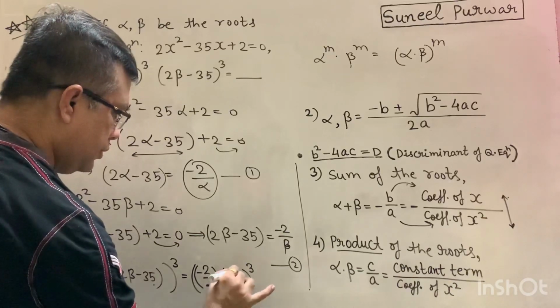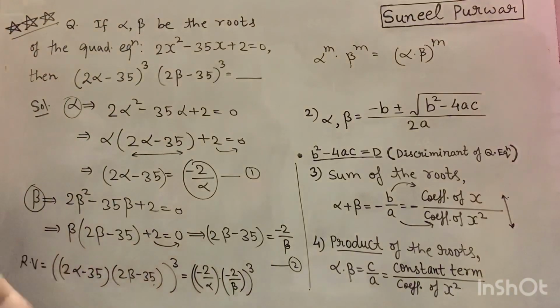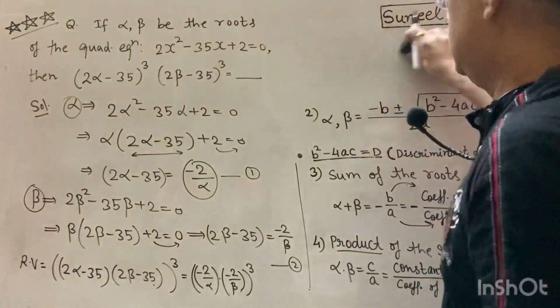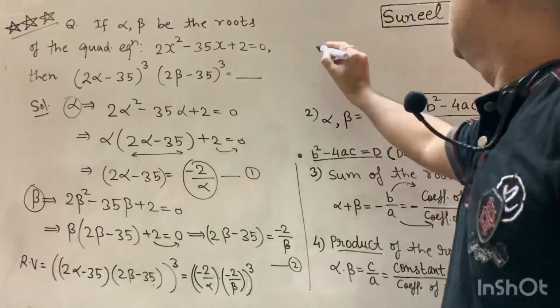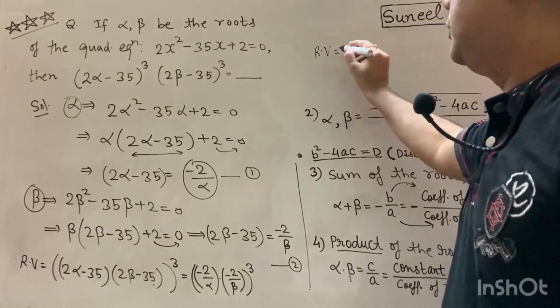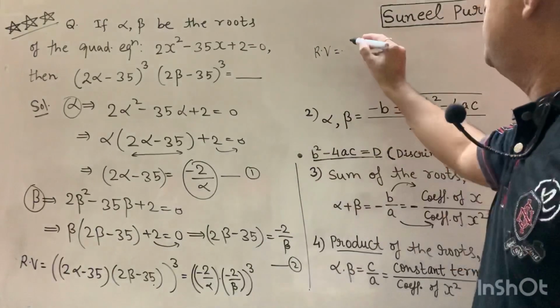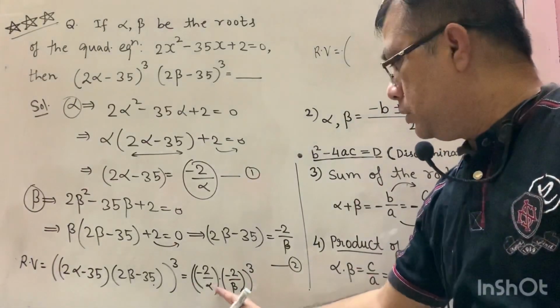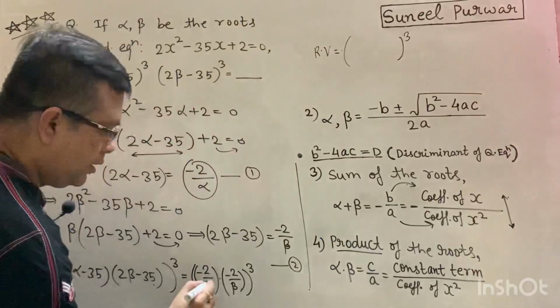Minus 2 by beta. So you see what you have inside the cube. So the required value is equal to whole cube of these quantities inside the bracket.